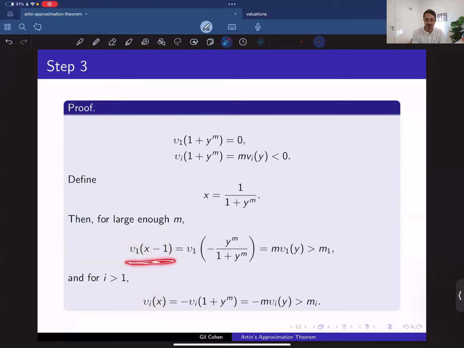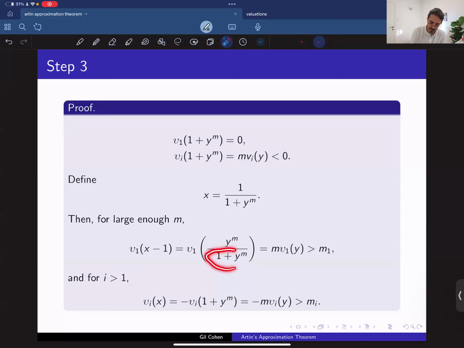So v1 of x minus 1. Well, x minus 1 is just this expression, right? This minus 1 doesn't affect anything about the valuations. Valuations don't care about minuses. Evaluations do, but valuations don't. So just ignore that. The valuation of this fraction is the valuation of this minus the valuation of that.